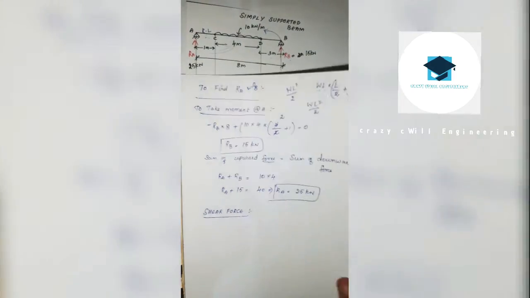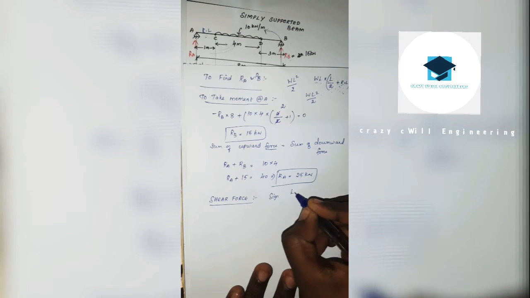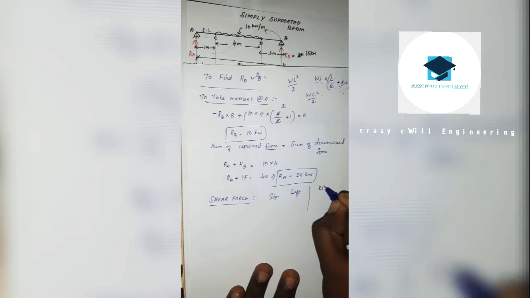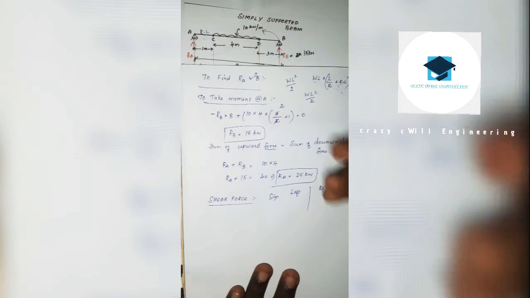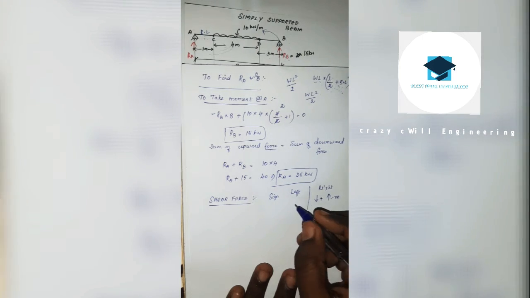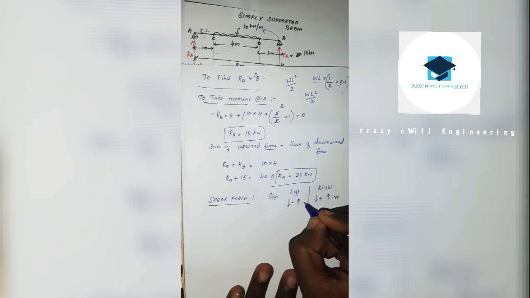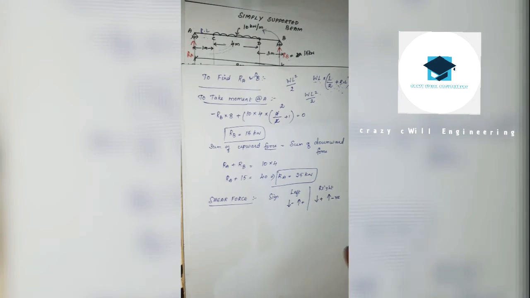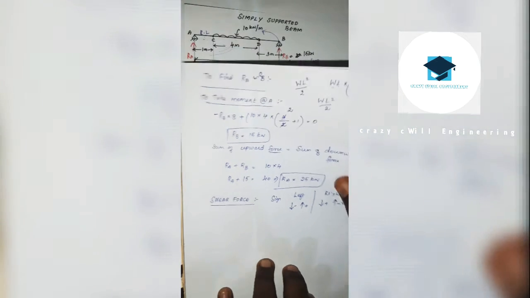The sign convention: if you consider shear force from right to left, the downward forces are positive and upward forces are negative. If you consider from left to right, the downward forces are negative and upward forces are positive. I am taking from right to left.